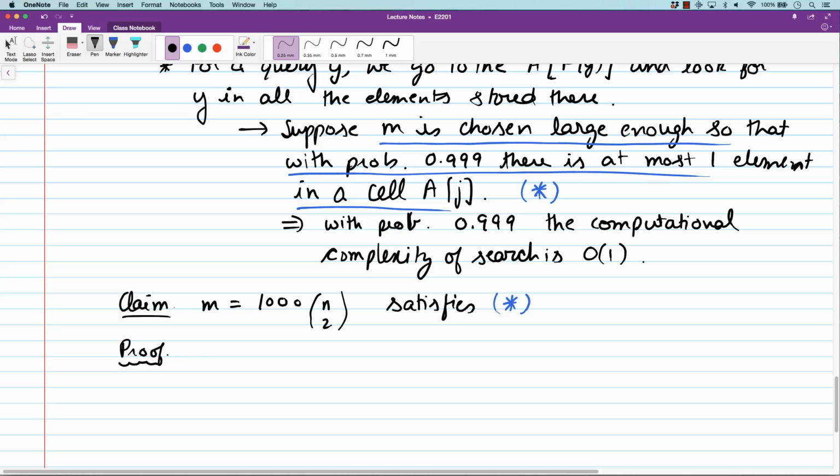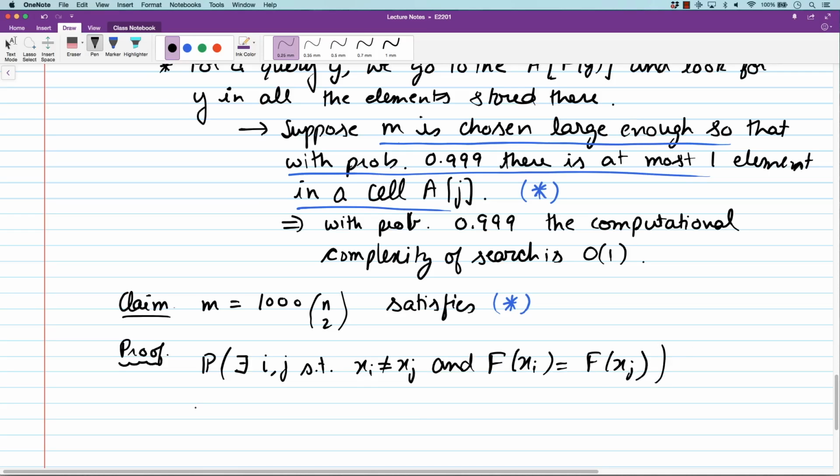So what's the probability that there exist i, j such that x_i is not equal to x_j and f of x_i equals f of x_j? So both of them went to the same bucket. Now, this is over i, j in 1 to n.